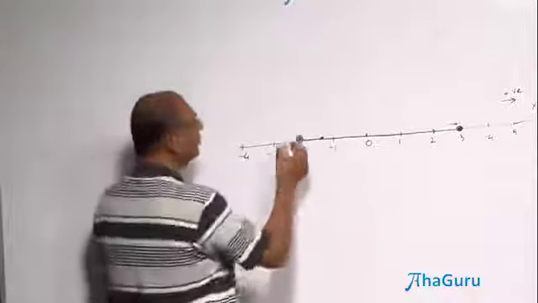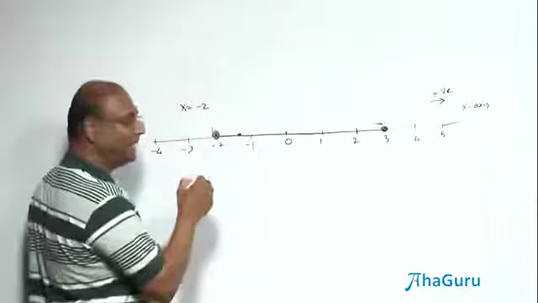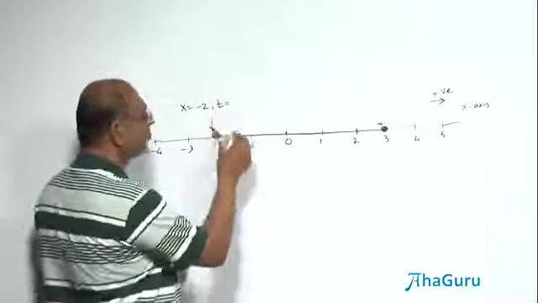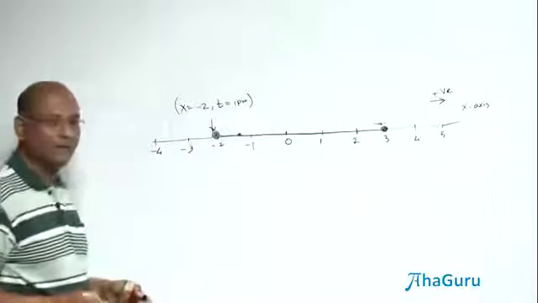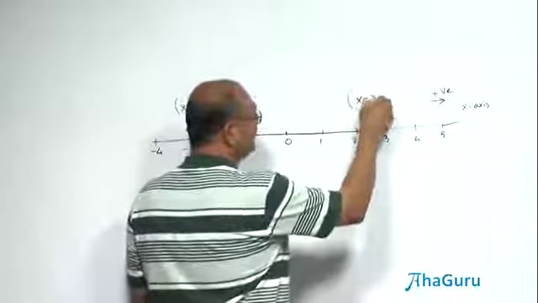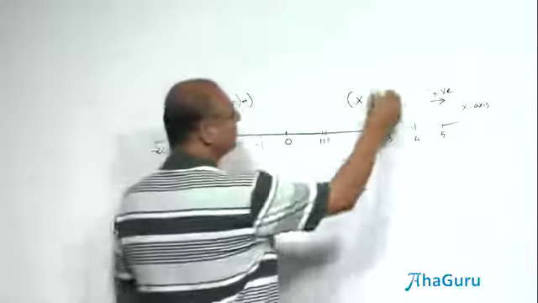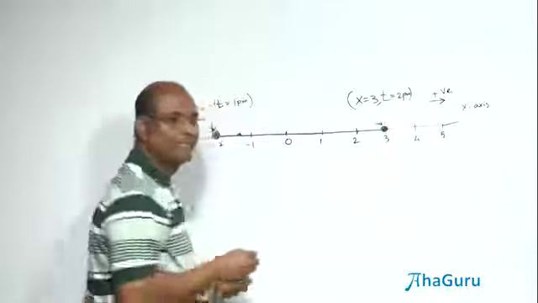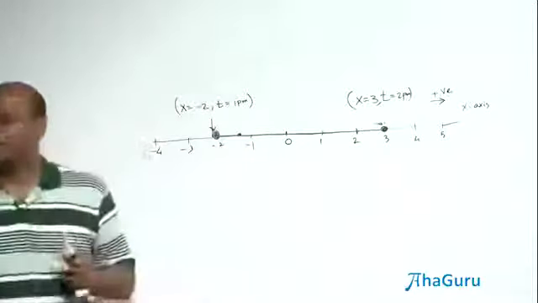If I tell you, x is equal to -2 at t is equal to 1 p.m., and then if I tell you, x is equal to 3 when t is equal to 2 p.m., did you move this way or did you move that way?